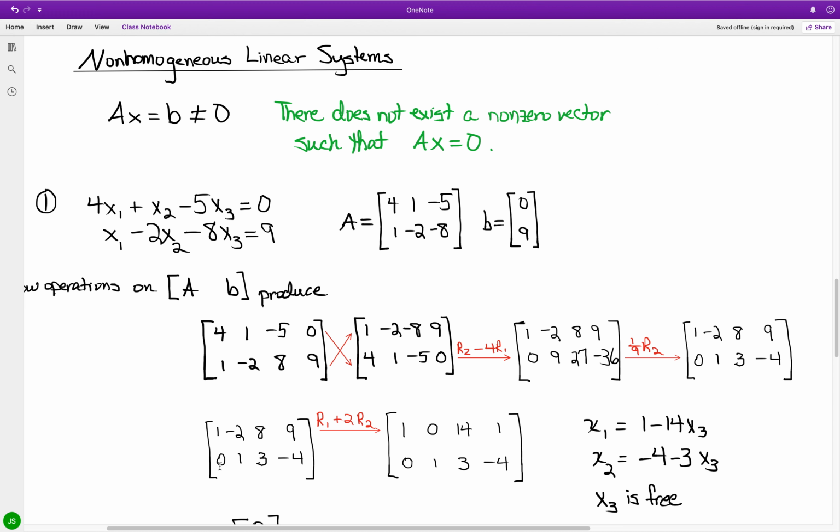For the next pivot position, you have the 1 at the bottom, and I can make the -2 into a 0. For this to take place, I can take 2 times the second row elements and add to the top row, whereupon we have 1, 0, 14, 1 at the top, and at the bottom I have 0, 1, 3, and -4, and this is going to be our reduced echelon form.